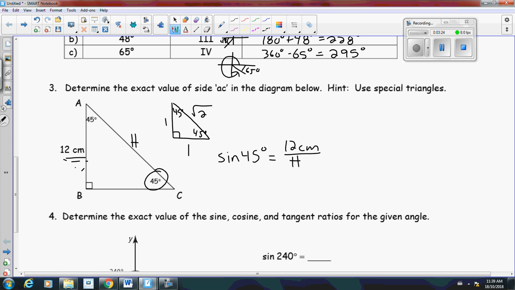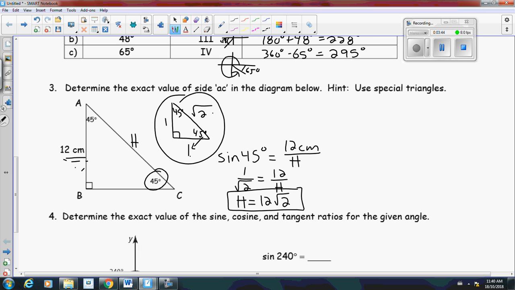The sine of 45, using the special triangle, I know that sine is equal to the opposite side of 1 over the hypotenuse. So 1 over root 2 is equal to 12 over h. When I solve for h then, I get that side AC must be 12 root 2.